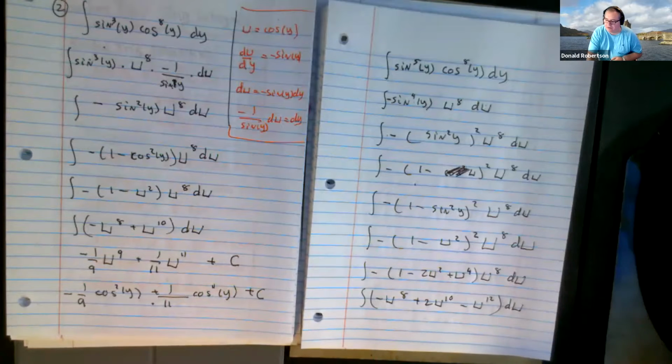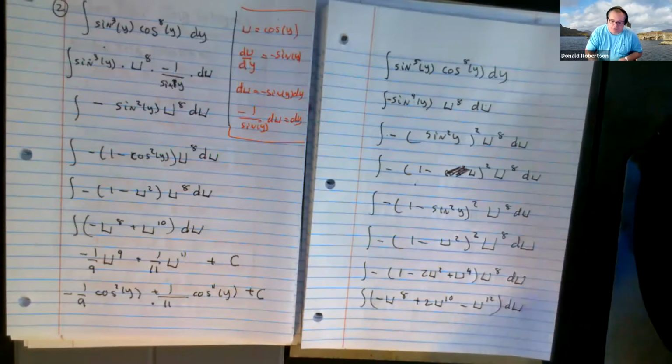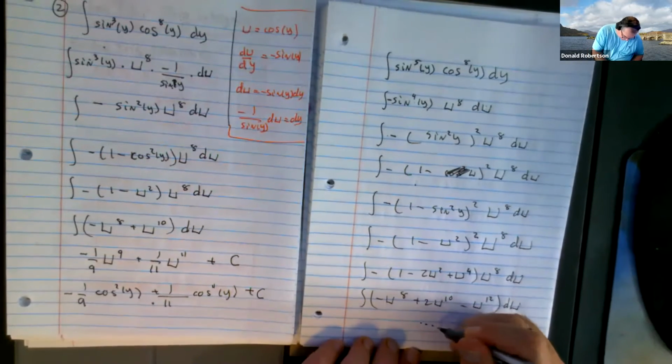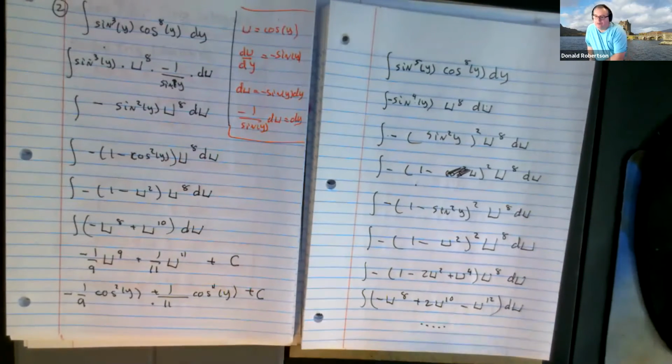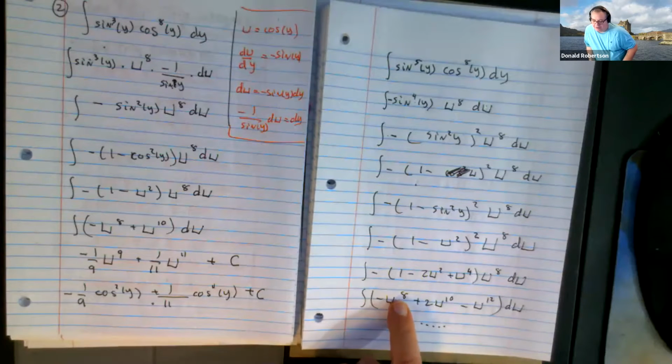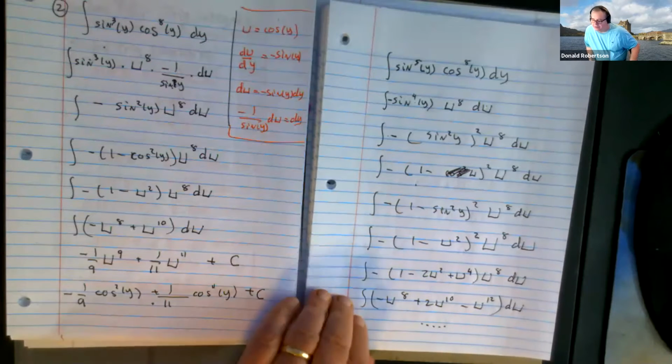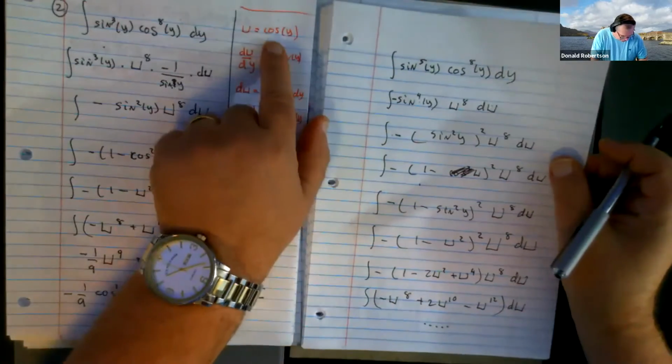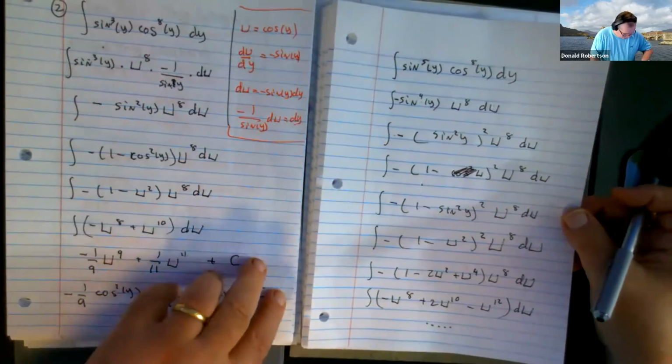Are we good? Right, I'm putting a dot, dot, dot in this one because we have a lot to cover. Wouldn't that just be a power rule? And then just return back to cosine y's when you're finished. Right, so integrate using the power rule and then get back to the original variable, which in this case would be cosine y again.